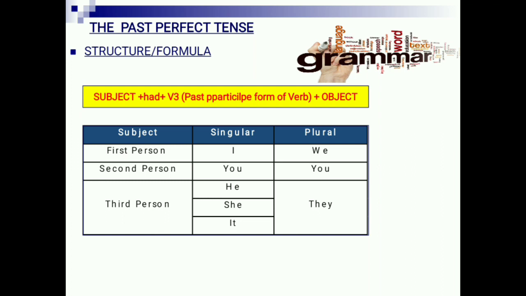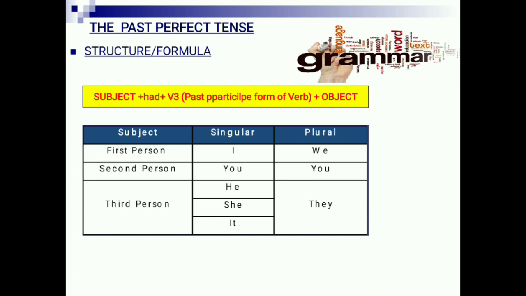The formula for past perfect tense is subject plus had plus V3. V3 is the past participle of the verb. As in the previous lesson, I told you the forms of verb V1, V2, V3. V1 is the main verb, that is the basic verb. V2 is the past form of the verb. Here, we are using V3, that is the past participle of the verb.